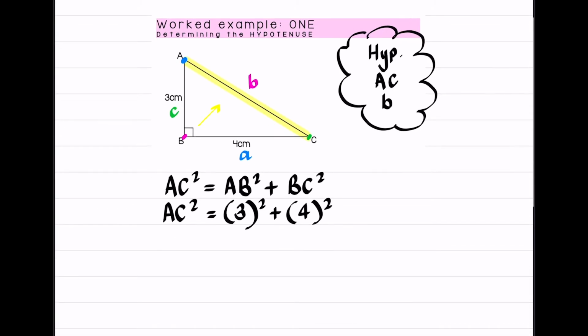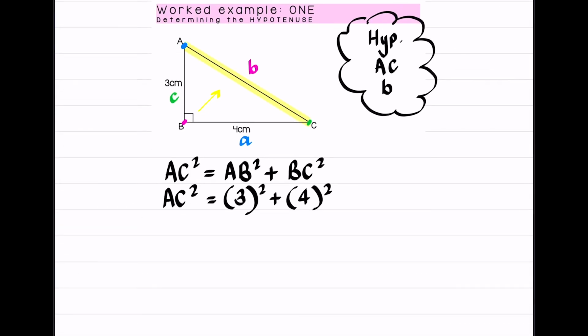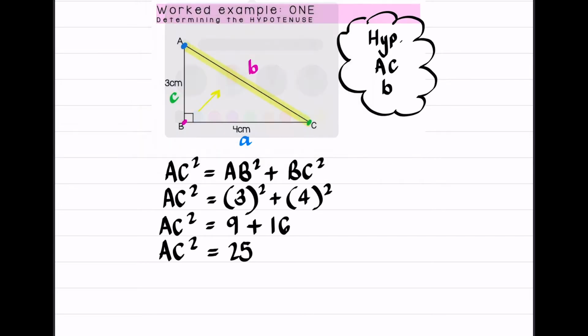So now I would be able to work with AC squared. So AC squared is equal to 3 squared, which is 9, plus 4 squared, which is 16. So that means that AC squared is equal to 9 plus 16, which is 25. But I'm not looking for AC squared, I'm looking for AC by itself.